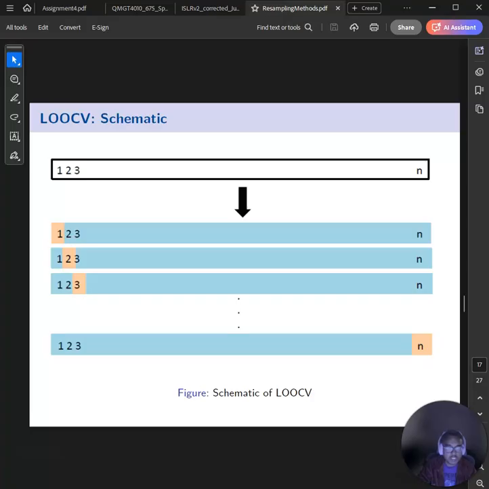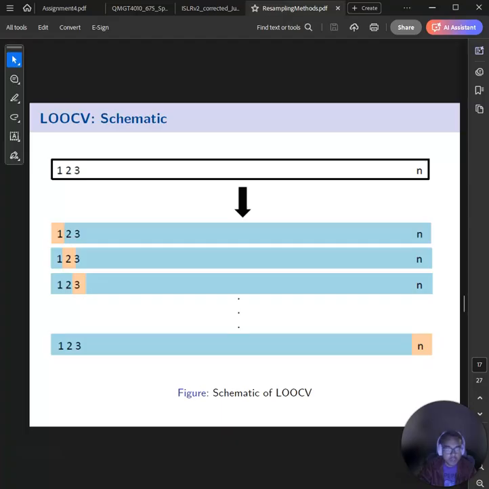In the first iteration, observation 1, as shown in orange, is held out as the test set, while observations 2 through n, shown in blue, form the training set. In the second iteration, observation 2 is held out as the test set, while observations 1, 3, 4, 5 up to n form the training set. This pattern continues for all observations.